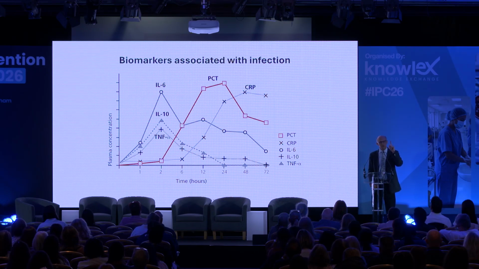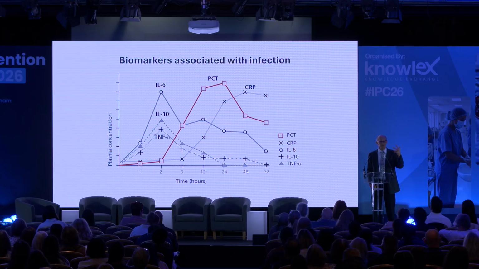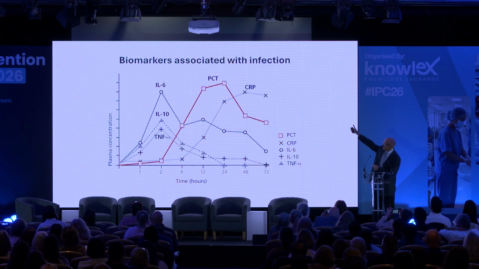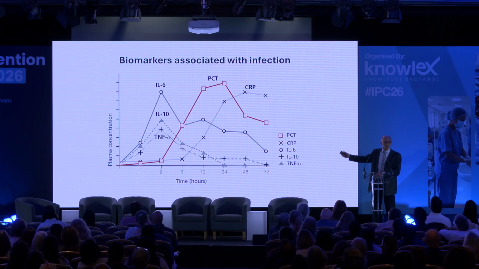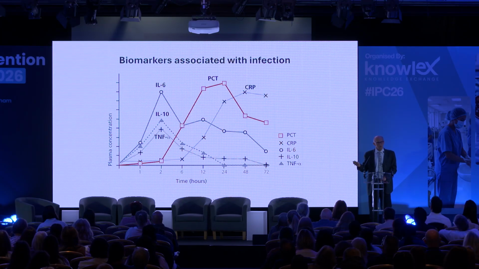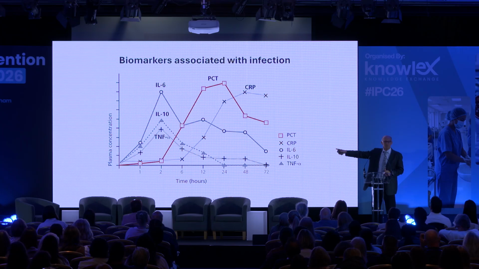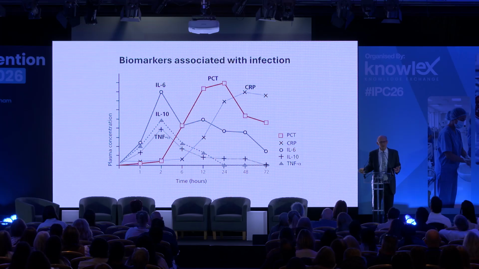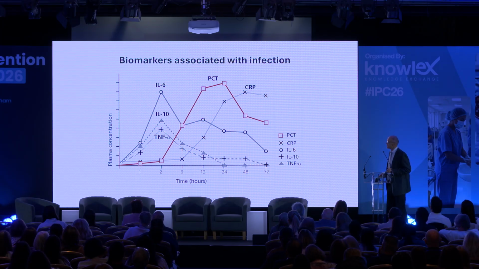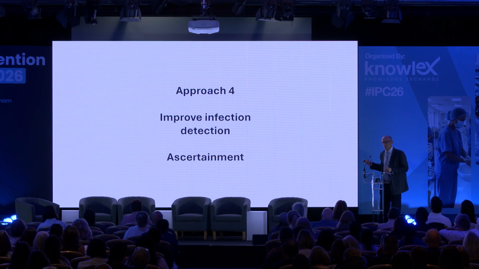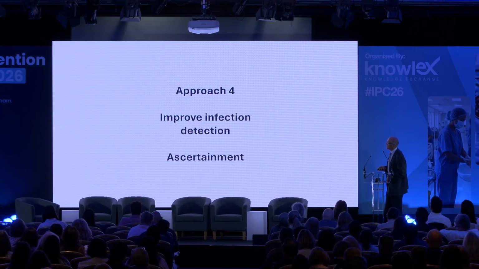Rather than just thinking about doing one test in a patient, if you did 2 tests separated by a period of time, it might only be half an hour, it might be an hour, you look at how quickly these biomarkers change in any one patient. By doing more than one test, you might get a much more accurate result than just doing one test and it being negative. If you do the second test and suddenly the amount of biomarker has increased markedly, you get much better information. So that's likely to be the way we move in the future towards biomarker usage.